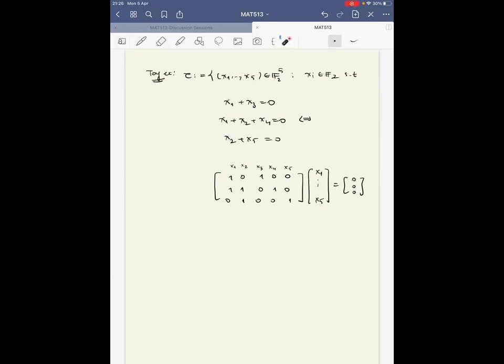To describe it more formally, we will introduce what is called the inner product on the n-dimensional vector space. In the textbook, it is also called the canonical inner product on F_q to the n.